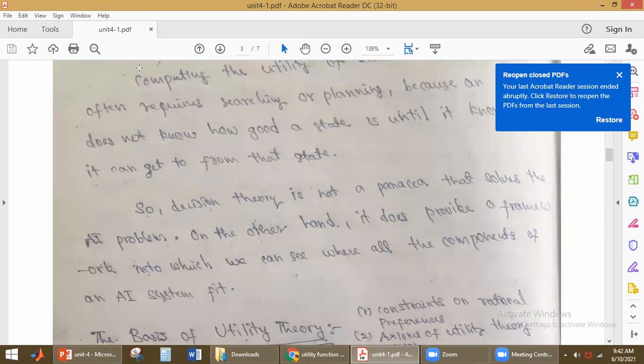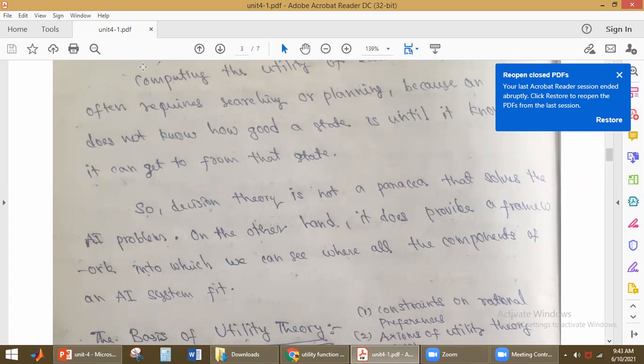Now, decision theory is not a solution that solves a problem. On the other hand, it does provide a framework into which we can see where all the components of a system fit.